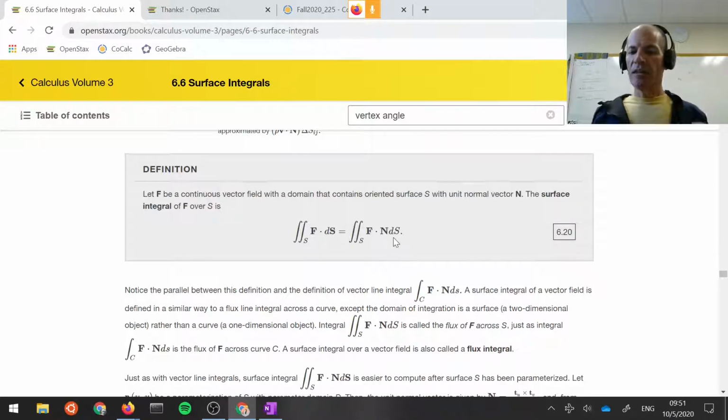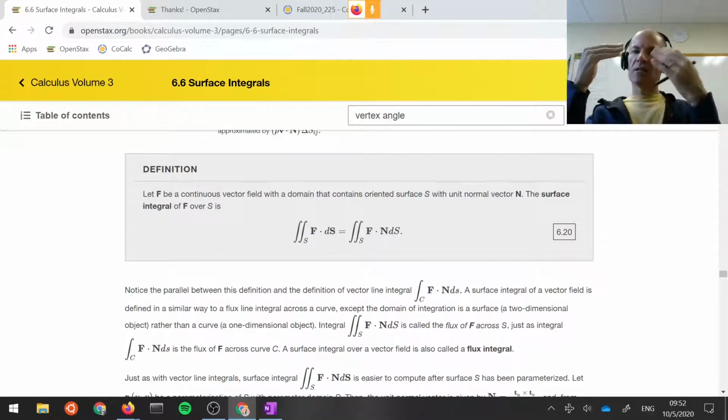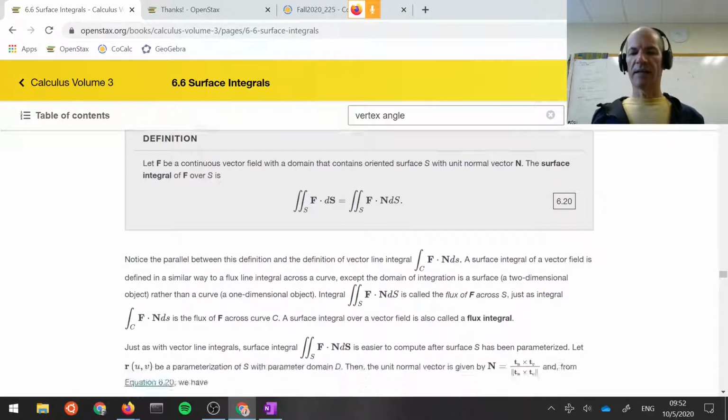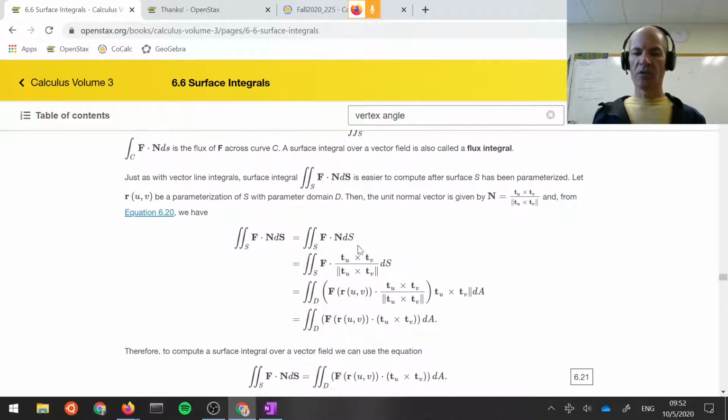But lurking inside dS is another magnitude of RU cross RV, and they're going to cancel and just leave behind the very simple RU cross RV, which you will then dot with F and carry out the integration. So you can see that cancellation here, and you end up with this somewhat simpler version.